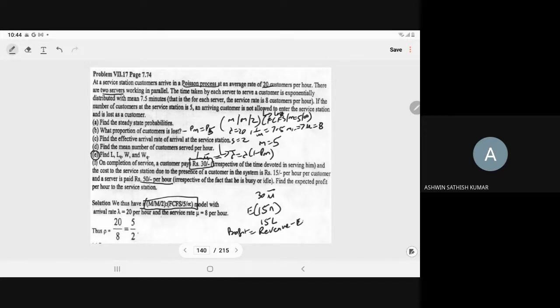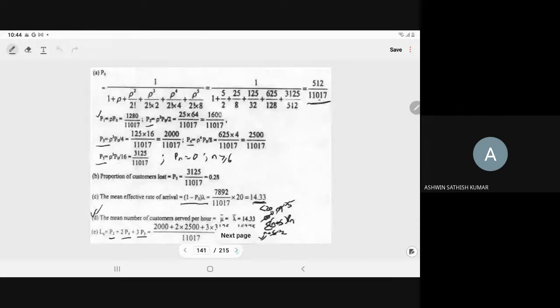Revenue is 30 mu bar, and expenditure is 15L plus 50 into S. There are two servers, so you have to pay 100 rupees. Find the expected profit per hour to the service station. So that is the way to compute the profit.